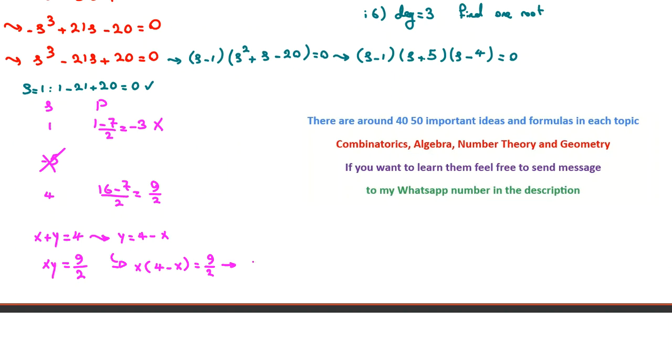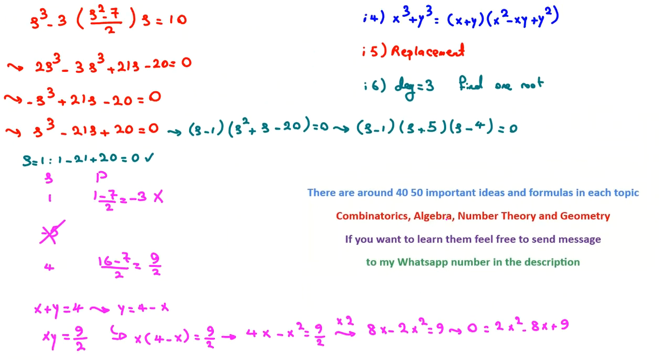So if we expand, 4x minus x squared equals 9 over 2. If we multiply both sides by 2, then it will be 8x minus 2x squared equals 9. And then if you take all things to the right hand side, 2x squared minus 8x plus 9 equals 0.